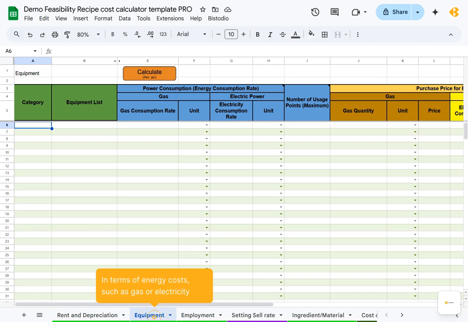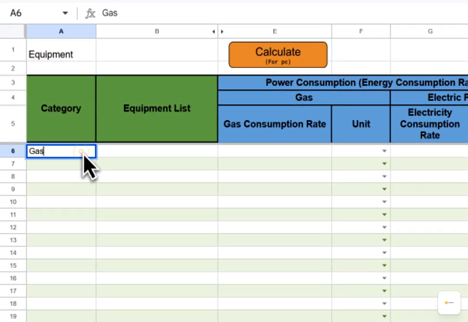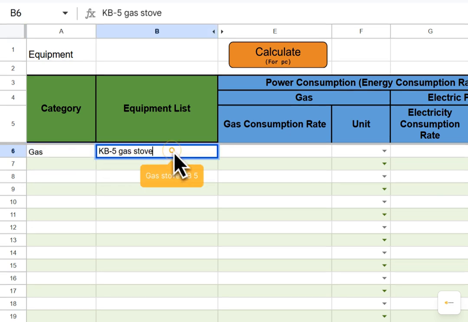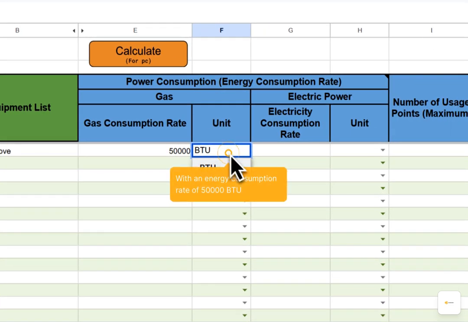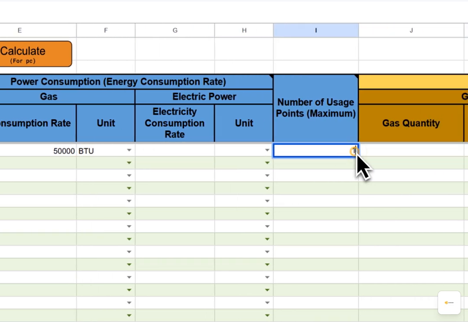In terms of energy costs, such as gas or electricity, examples of gas types: Gas stove KB5 with an energy consumption rate of 50000 BTU per 1 burner.